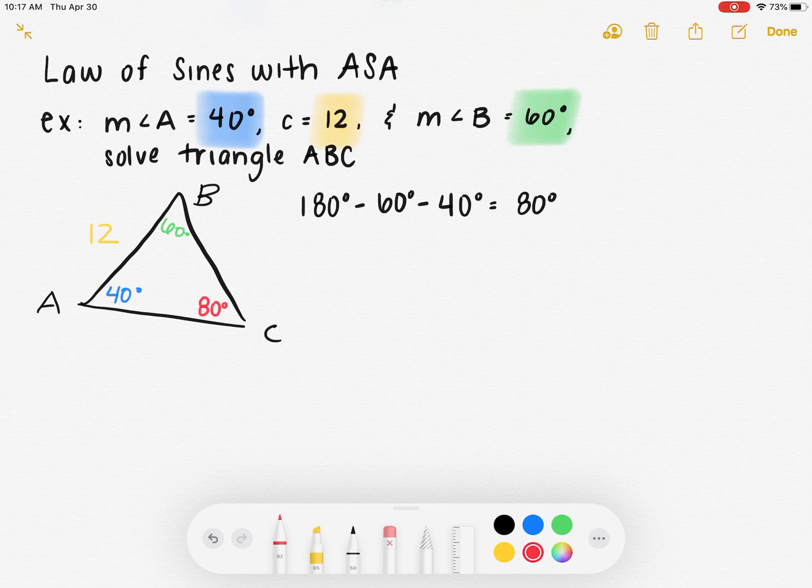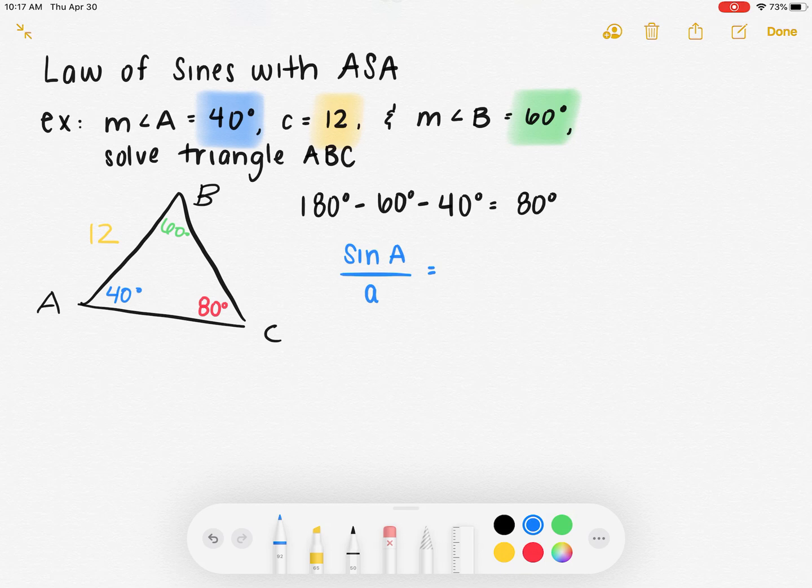I'm going to find side A first. Since I want to find side A, I know I'm going to use sine of A over A. Then I have to choose whether I'm going to use sine of B or sine of C. The way I know is I look to see where I have a full set.